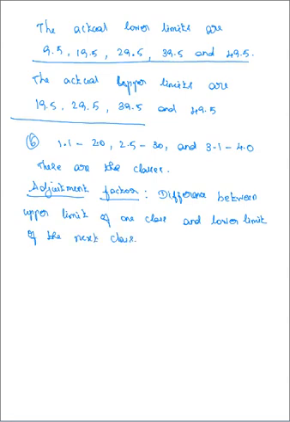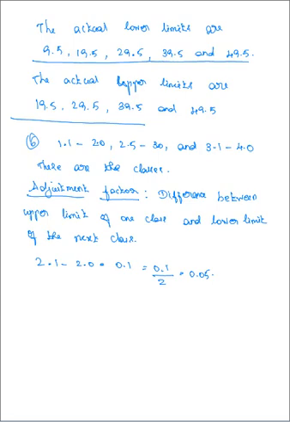So here 2.1 minus 2.0 is equal to 0.1. We should divide 0.1 by 2. We will get 0.05.